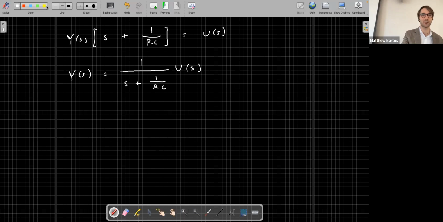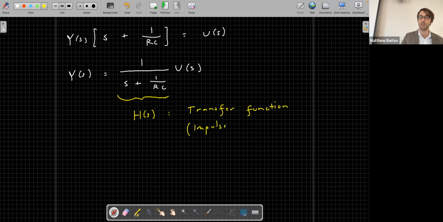Just some terminology here: this function is called the transfer function of the system, which we will denote by big H(s). So this is the transfer function, and this is equivalent to the impulse response in the frequency domain.